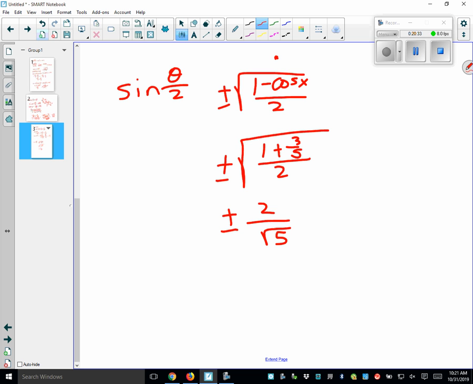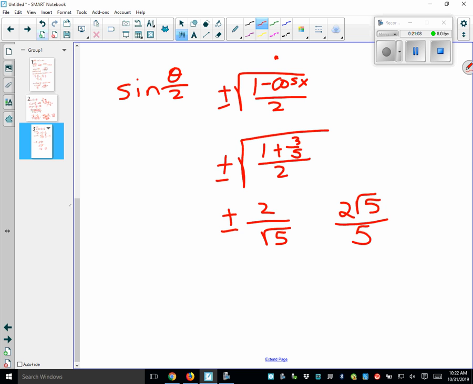I took 1 plus 3/5 divided by 2. Oh, you just put that in your calculator? Well, no, I put it in my head, but I guess you could. Miss Sullivan, what were you given? It was negative 3/5. You get 4/5. Okay. Is this 2 radical 5 over 5?